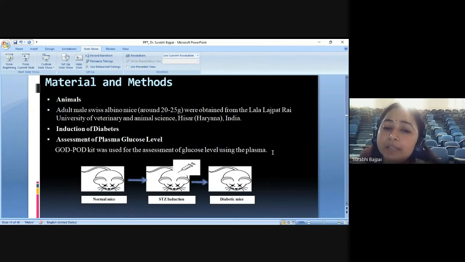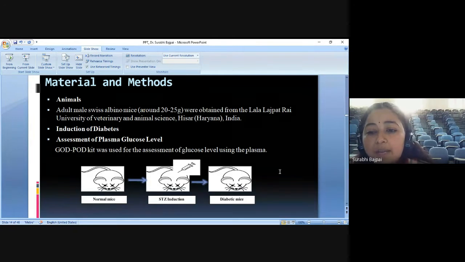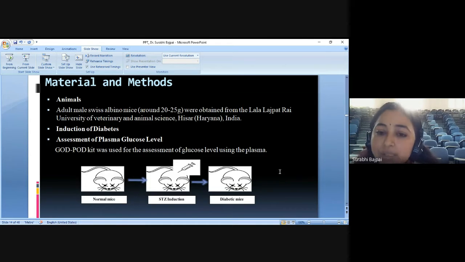Later, with the help of the GOD-POD kit, plasma glucose levels were estimated to confirm the diabetes. The mice with plasma glucose greater than 200 mg per deciliter were considered diabetic, whereas the other ones were given further injections to confirm them as diabetic.